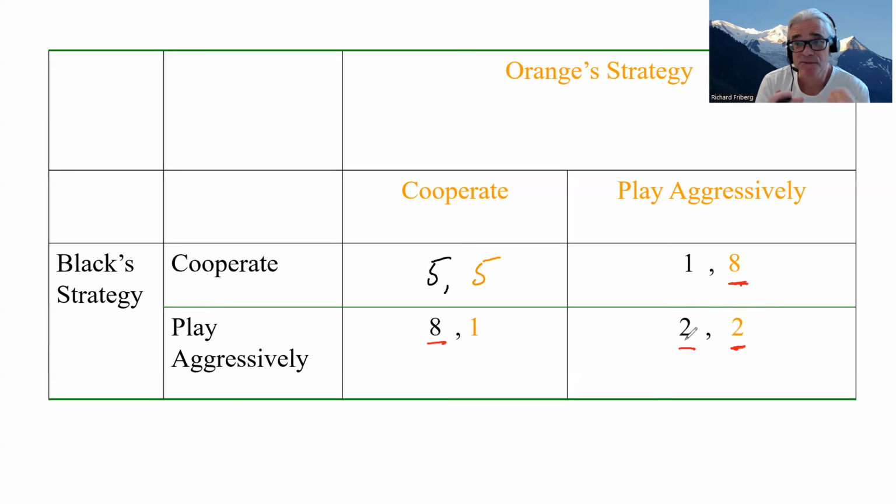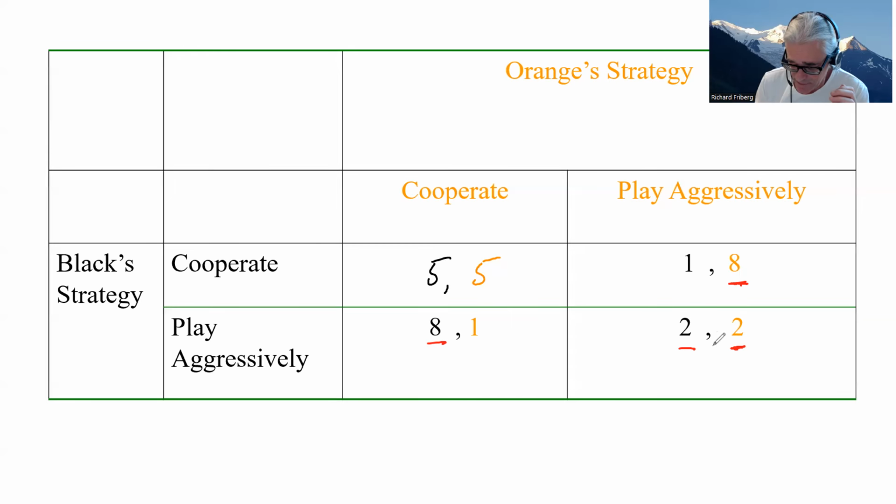Mechanically, they're best responses to each other. Another way of saying that is that in this Nash equilibrium, there's no unilateral deviation that would be profitable for any of the players.